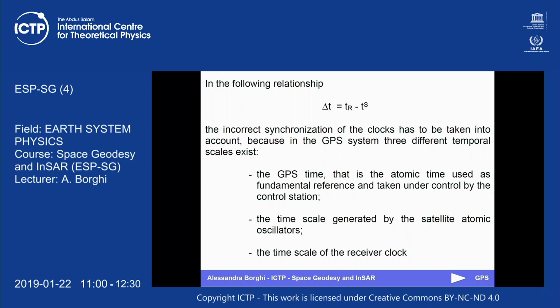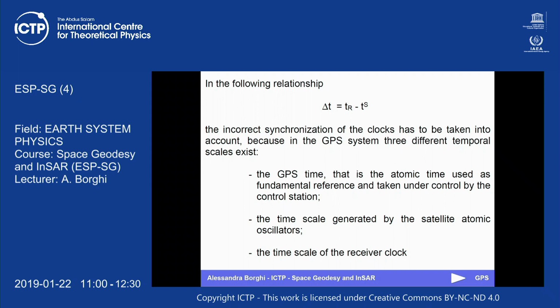So we have a GPS time scale, controlled by the control station, the master station, the Colorado station, that gives the GPS time. We have clocks on the satellites, and the difference is very stable, of good quality, and the problem related to the synchronization is not so high.